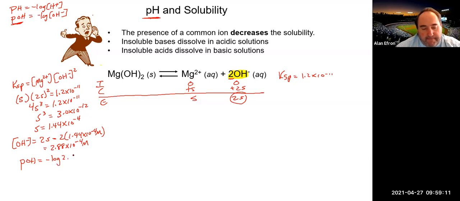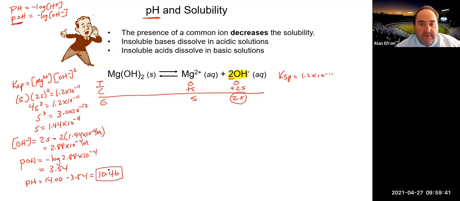That gets us a pOH of 3.54. And from that, now we can get the pH by taking 14 minus 3.54. That gets us 10.46 as our pH. Any questions on that number, or how we got to that number?